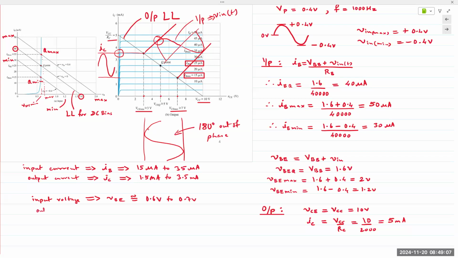And then output voltage VCE goes from 3 volts to 7 volts. Actually, I would say 7 volts to 3 volts because it's 180 degrees out of phase. But anyway, we saw that the gain of the CE amplifier was minus RC over RE. The minus, of course, indicates it's out of phase.